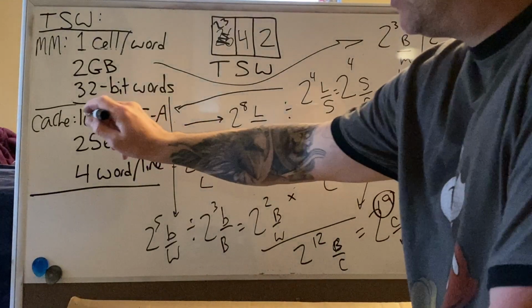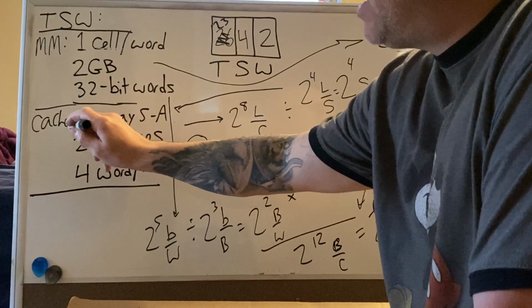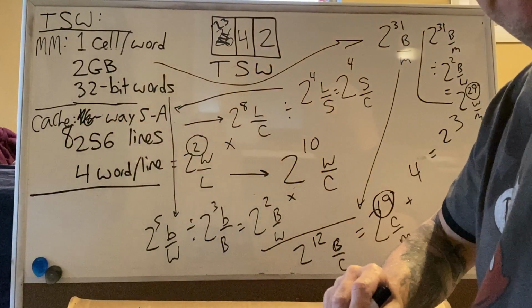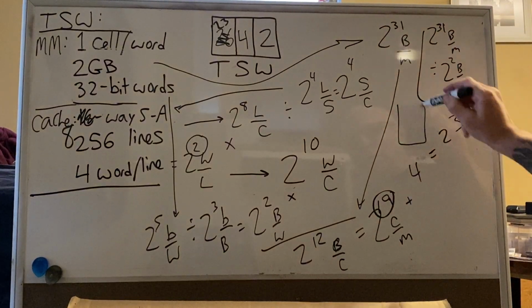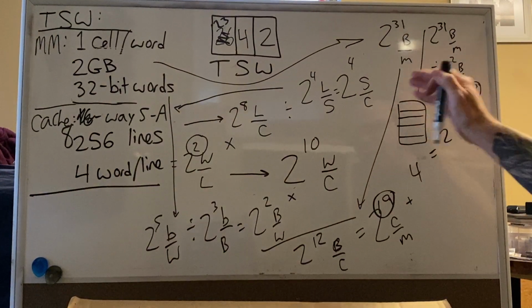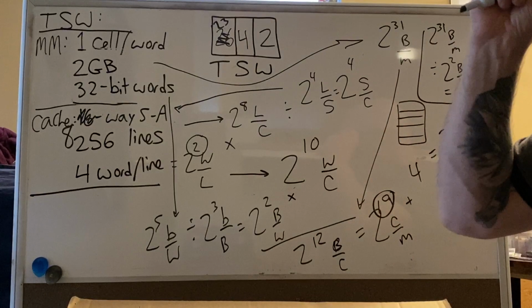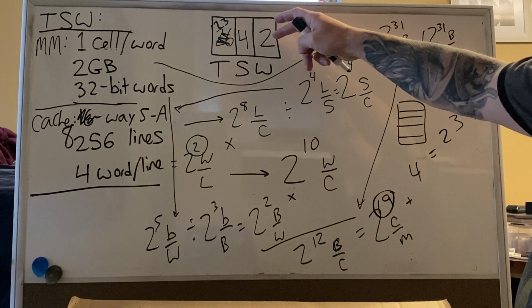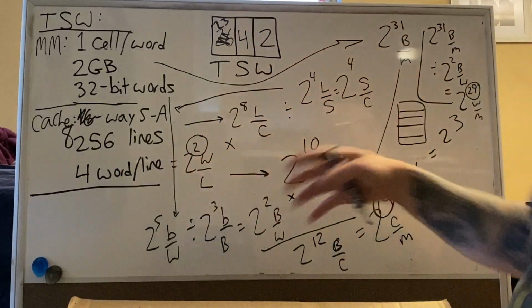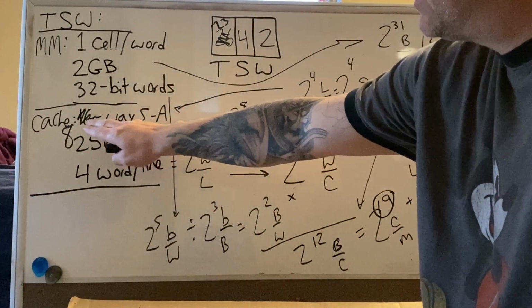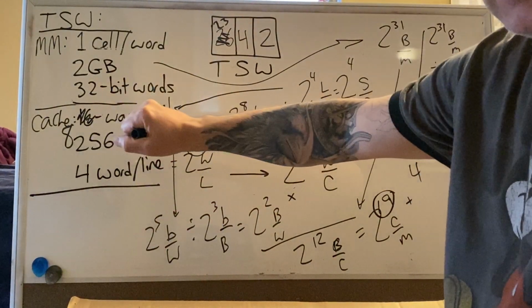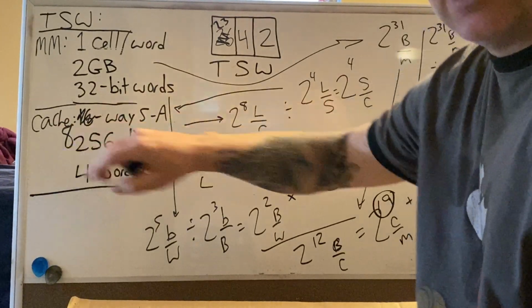Let's repeat the same question for an 8-way set associative cache right now. First thing is, it doesn't change how fat the lines are, how many words there are left to right in our pictures. If there were 2 to the 2 words before, 4 words per line, there's still 4 words per line. You can see I didn't change it. But instead of 16 lines in a set, there's only 8 lines in a set.